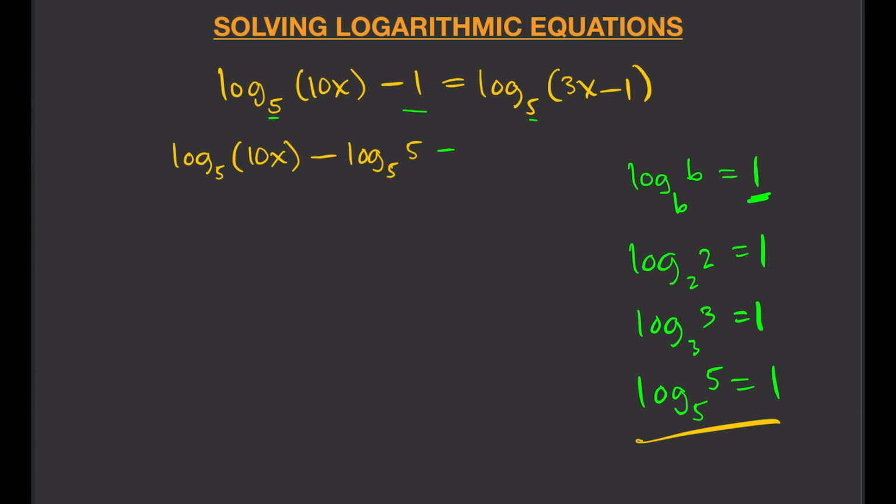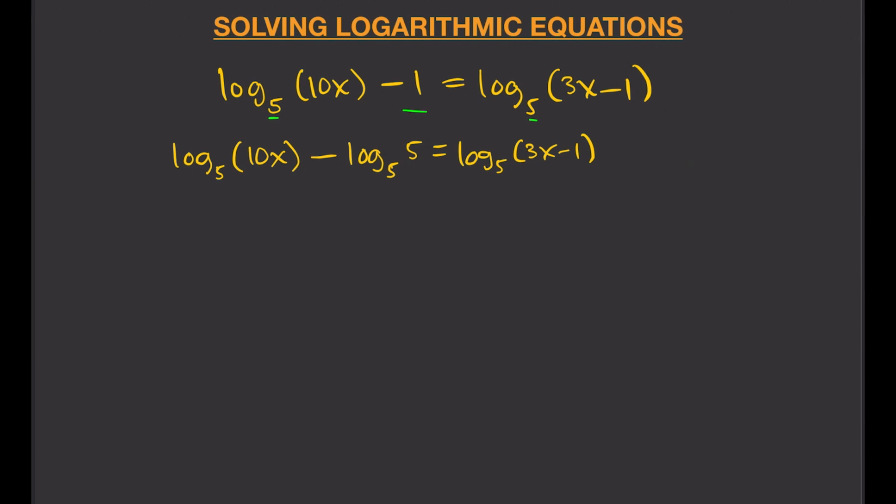So then that's equal to log base 5 of 3x minus 1. Now I will condense my left hand side. I'm going to write that as log base 5 of 10x divided by 5, because that is a subtraction, equals log base 5 of 3x minus 1.